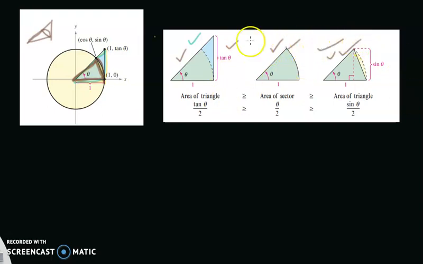From these three geometrical shapes, you can find this relationship: cos of x is less than or equal to sine of x by x, which is less than or equal to 1.